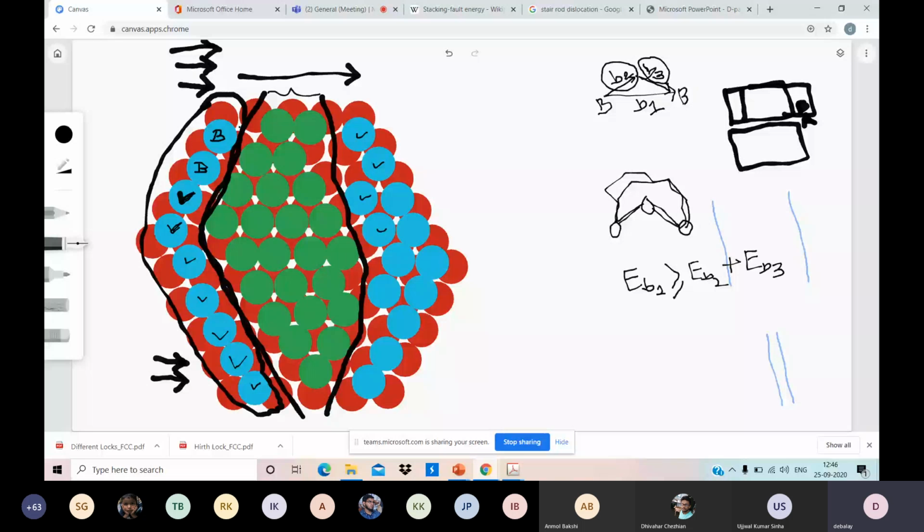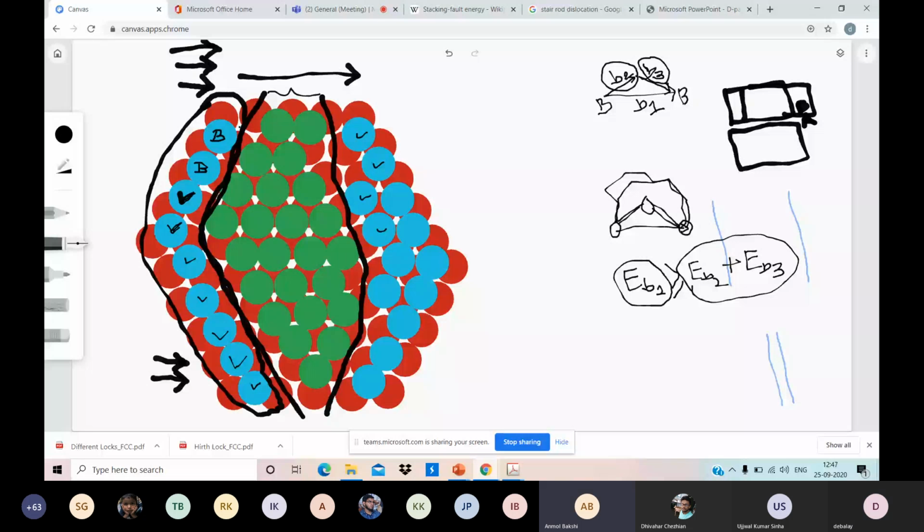That sets the criteria, isn't it? If the total energy of these two exceeds this, then what will happen? Directly B will go to B. It's not necessary that B has to go to C. It's all the difficulty associated.